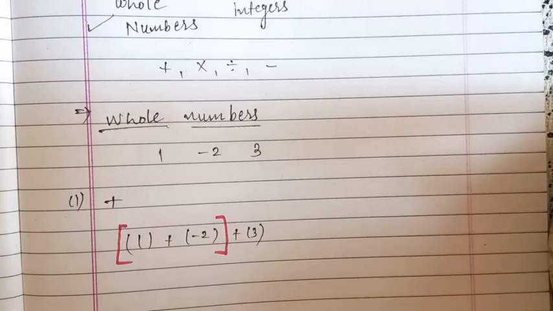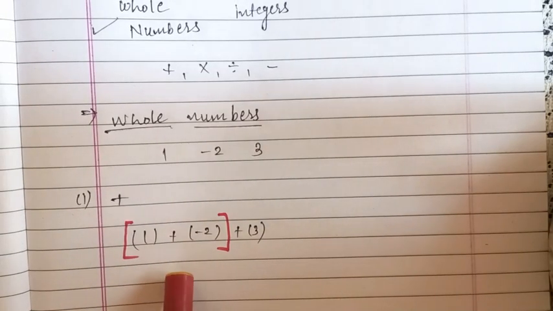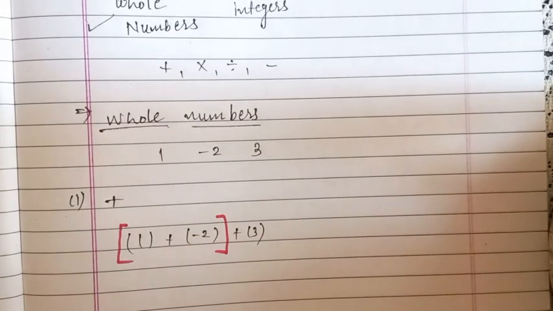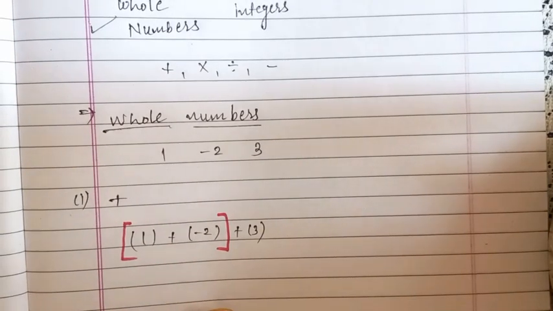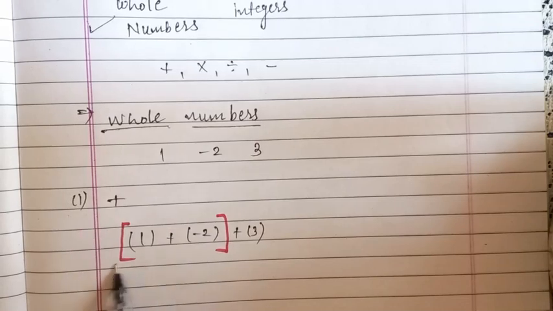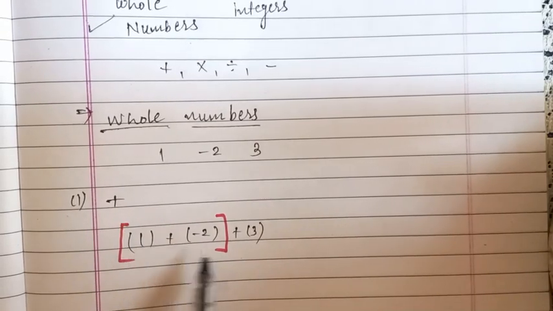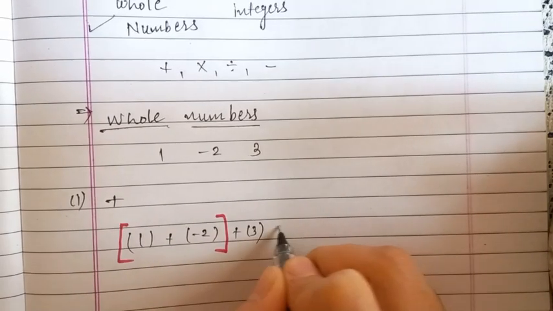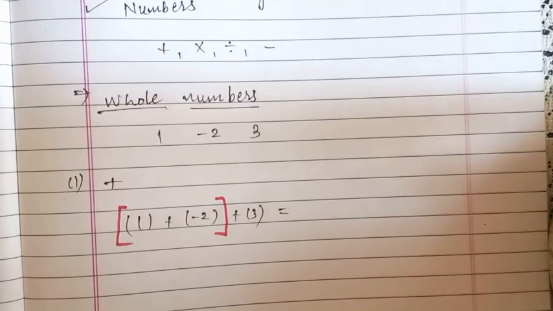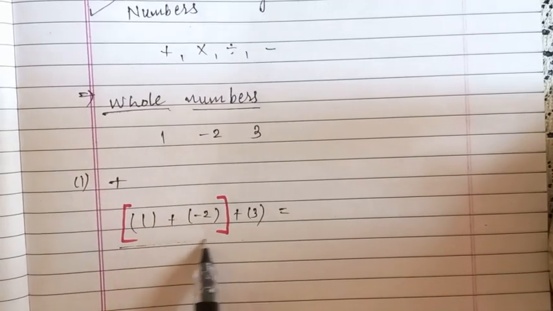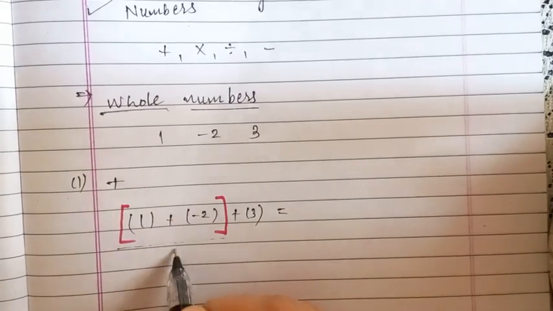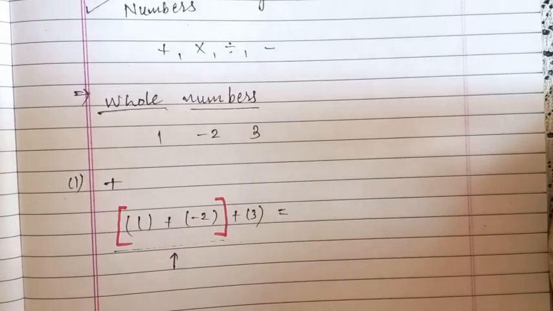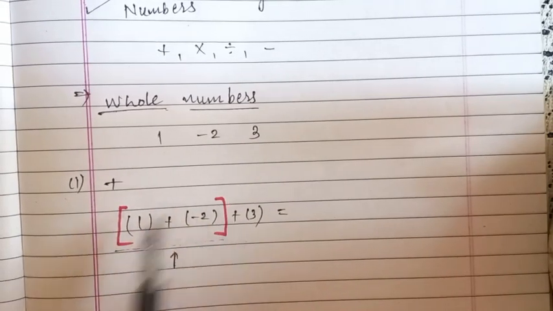What does it mean to make groups? Firstly, I have made this group, 1 plus, minus 2. Then what do I have to do? If I make a group of this, then I have to operate this first. I have to get the answer of this first.